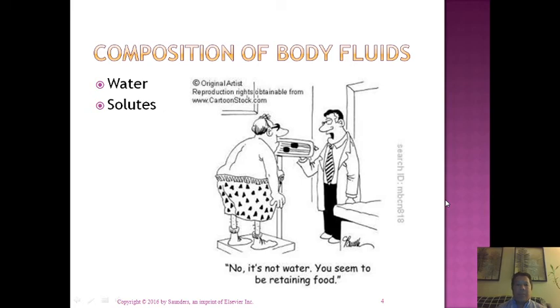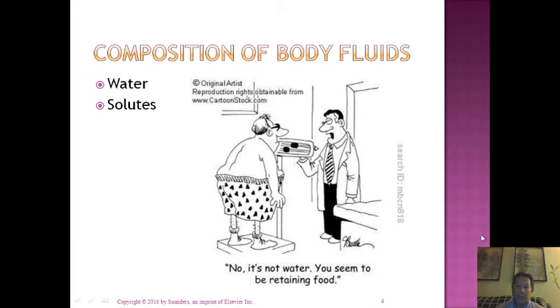So, what is the composition of body fluids? There are only two things composing your body fluids. You have the water, which is the main component, and of course all the dissolved substances in the water called the solutes, and those solutes include vitamins, minerals, even gases.